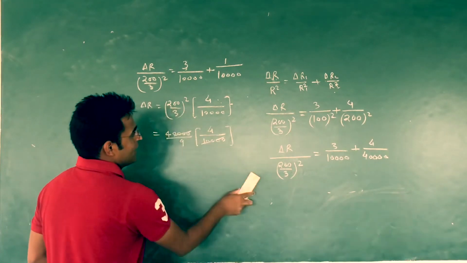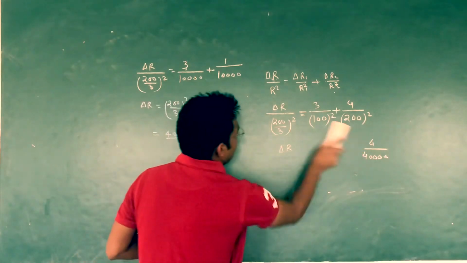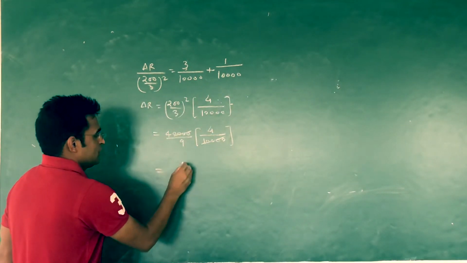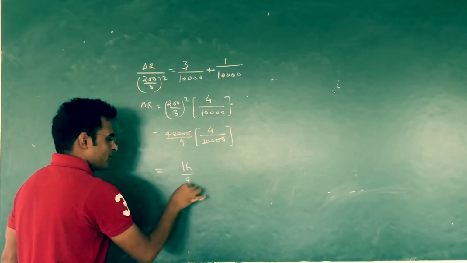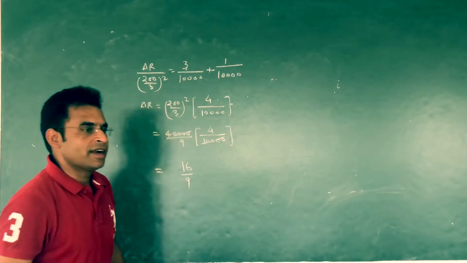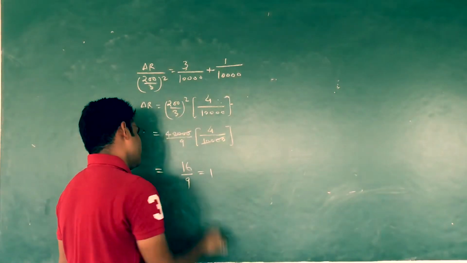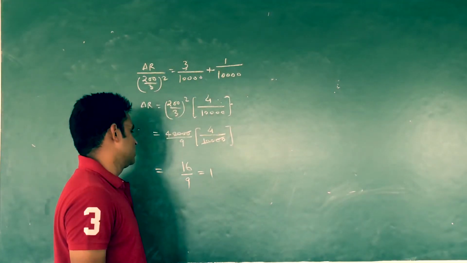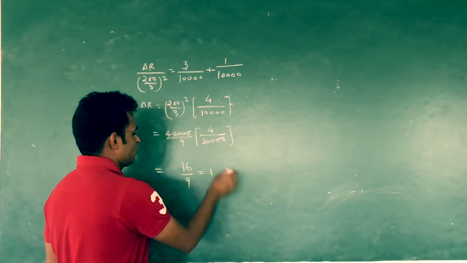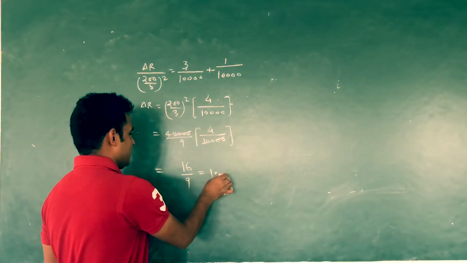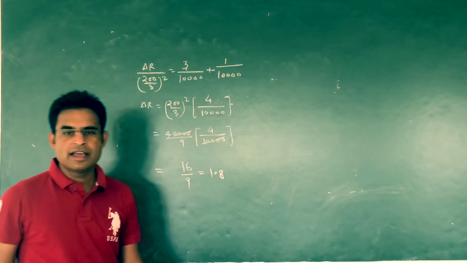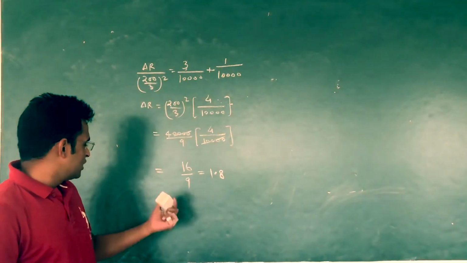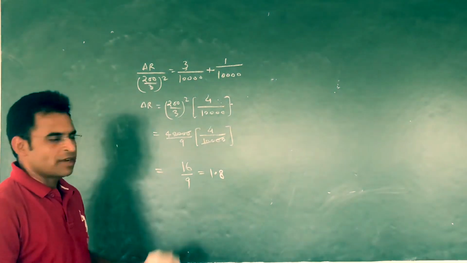So finally what I got: 16 divided by 9, that is approximately 1.7 something.